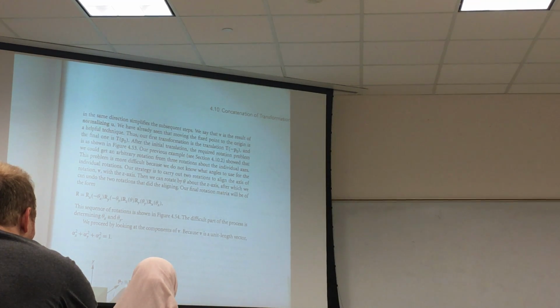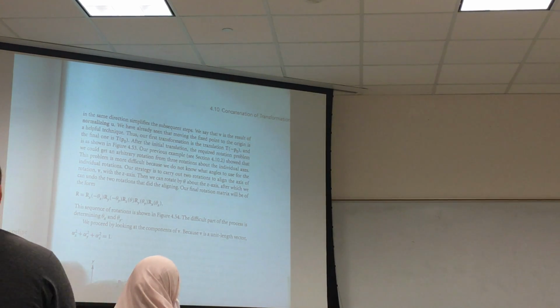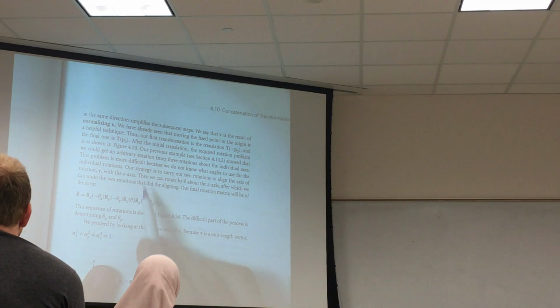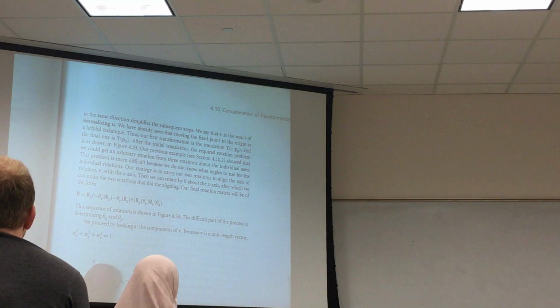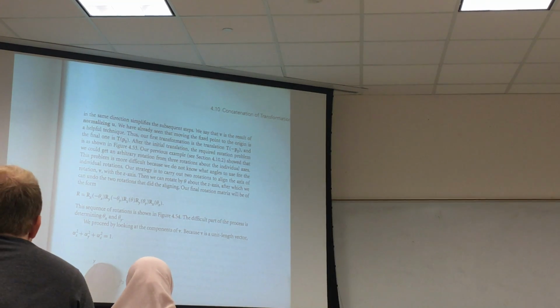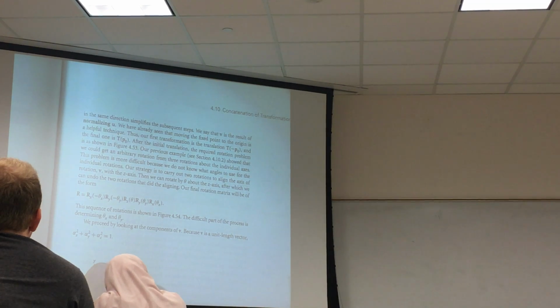Good. Keep asking questions because I don't know whether you're visualizing this or not. You have to be able to grasp the geometry. So our strategy is to carry out two rotations to align. As I said, I'll do the first rotation about x, then about y, and then align with z. So here's the sequence.